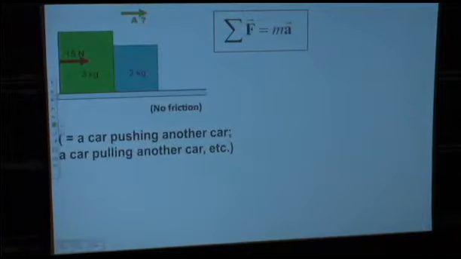So let's do that. For the green box, well, first, free-body diagram. There is a force which equals 15 newtons and points to the right. Now, how many more forces should I add to this diagram?